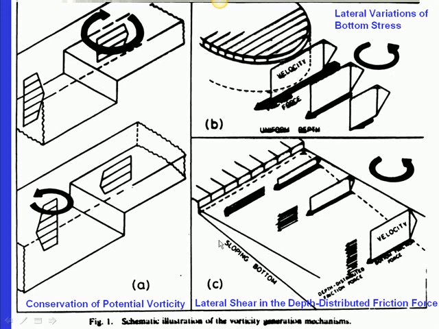In the same way, over a sloping bottom, the depth distributed friction force will be greater here because the water is shallower. In other words, friction is more efficient over this shallow water than here. And again, because of the distribution of these arrows, it will tend to favor a counterclockwise circulation. So that's because of the lateral shear and the depth distributed friction force.